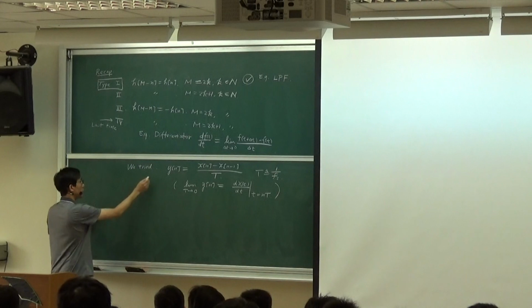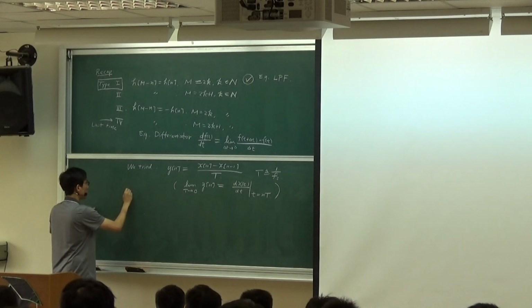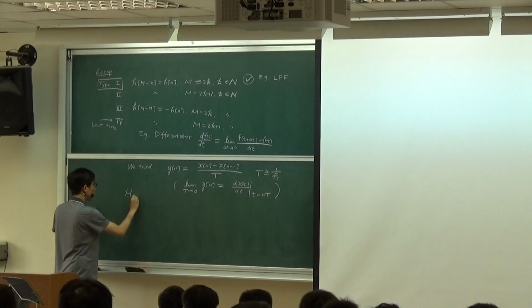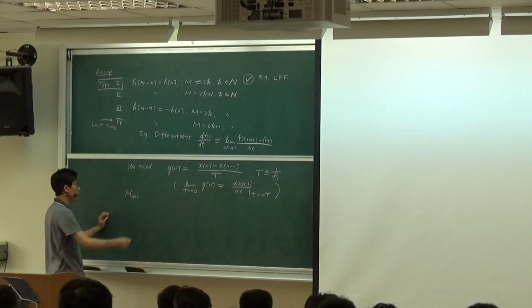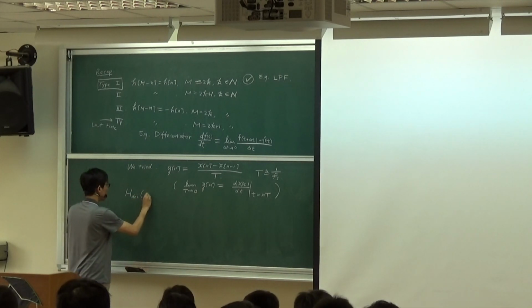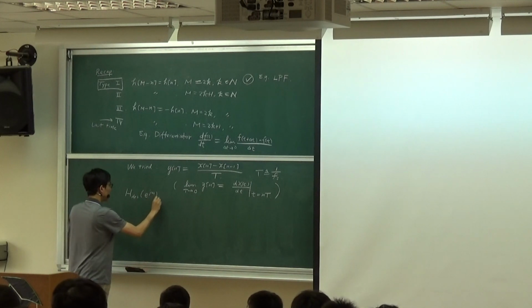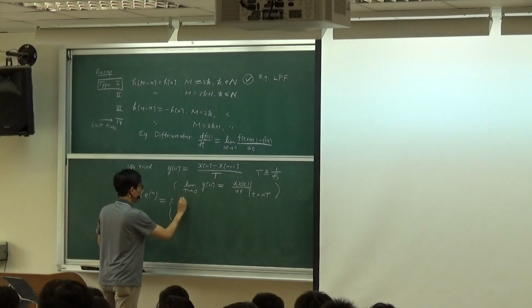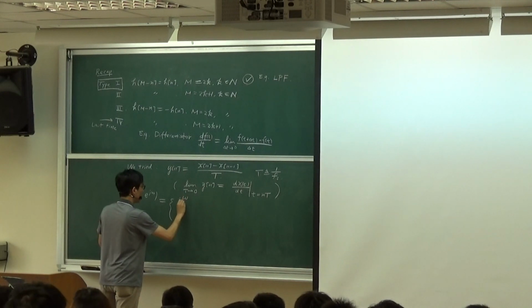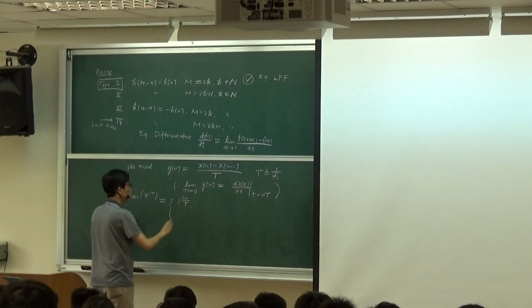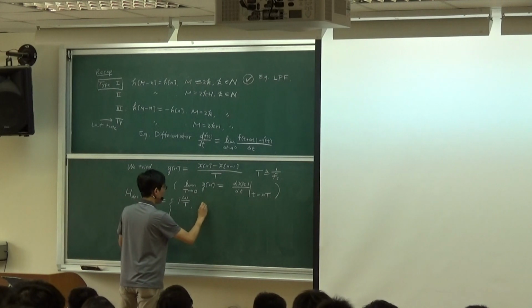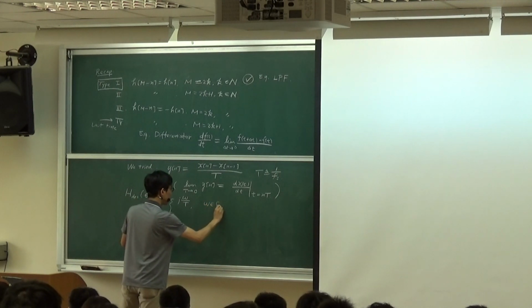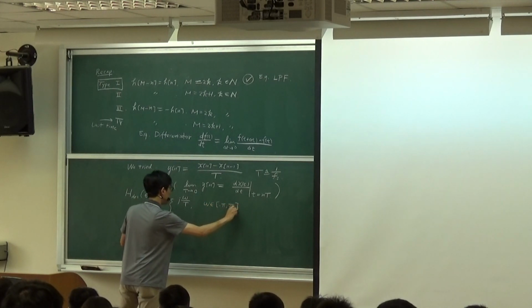In this case, a differentiator should have, we know, the ideal response, the desired response, the D S stands for desired. The desired response should be j omega divided by T for any omega from minus pi to pi.